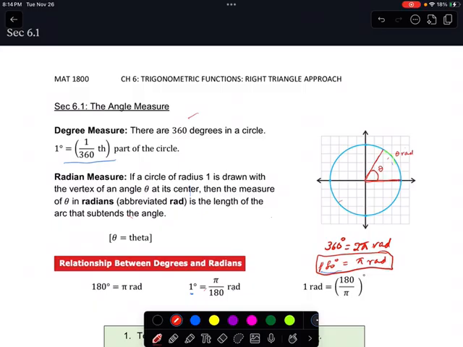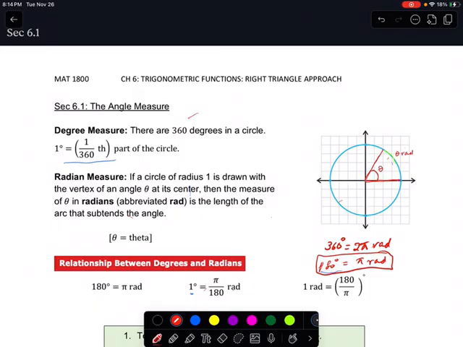What is a radian measure? So remember, we are thinking of measuring the circle. When we are talking about an angle, it's actually the arc that we are talking about. So radian measure.